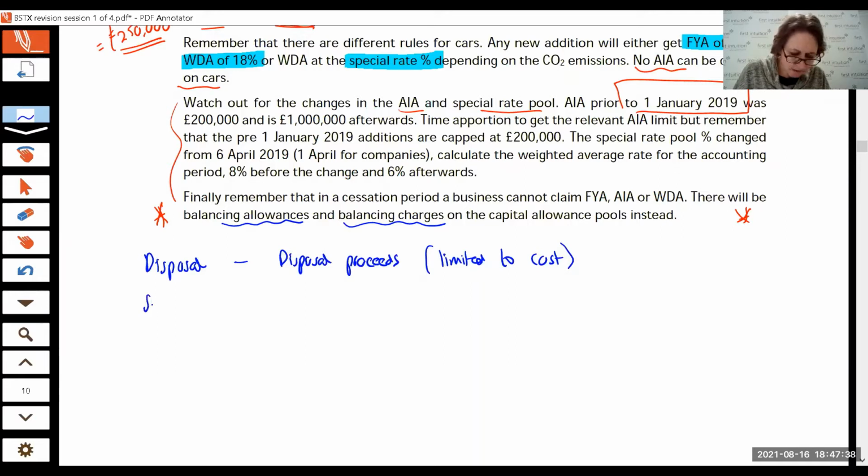Does anybody remember the rule about the small pools allowance? So if the balance on our general pool falls to, anybody remember what? Yeah, 1,000, I'm seeing that. So if the balance on the general pool falls to 1,000 or less, what do we do with it?